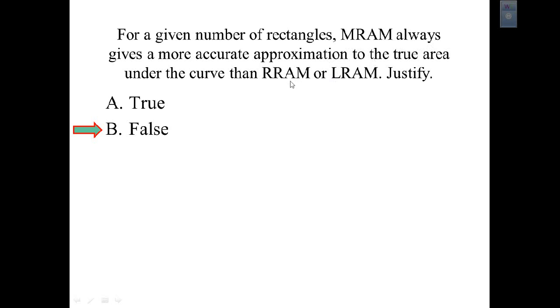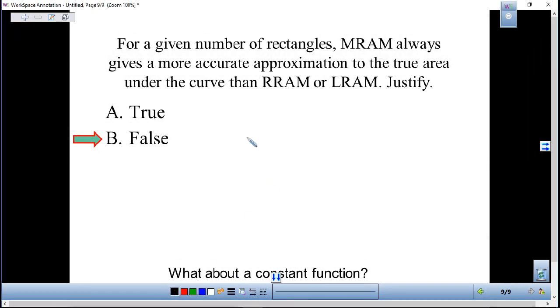Remember, when we're talking about different functions, there are a lot of different types of functions. And here's the only one I want you to think about. What about a constant function? Well, if we have a constant function, that means we have a function that has a constant value.